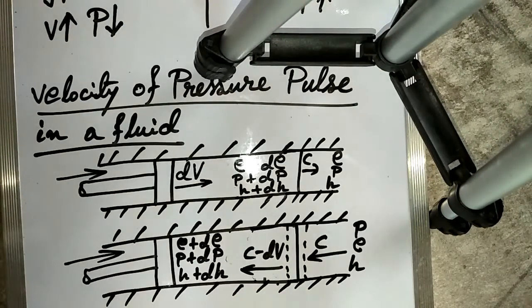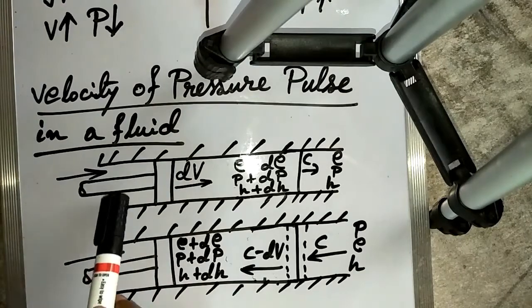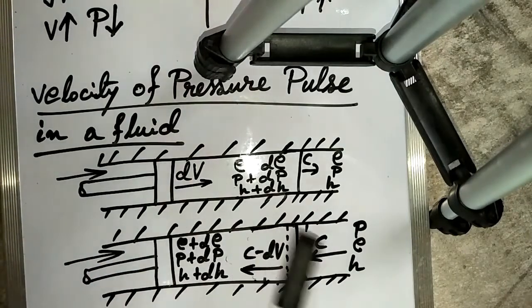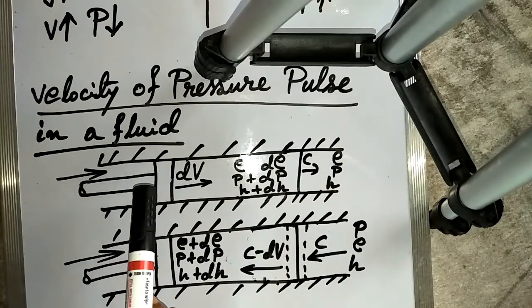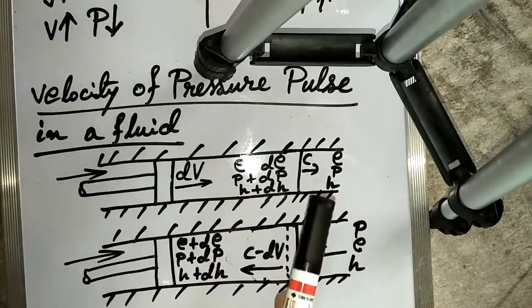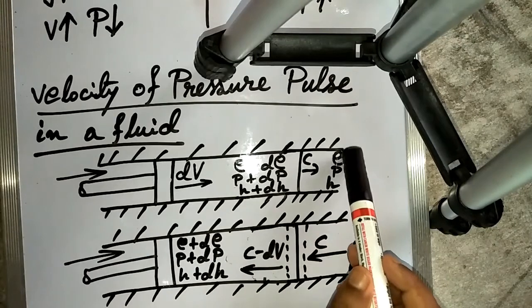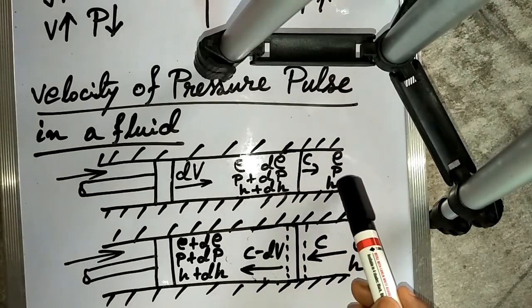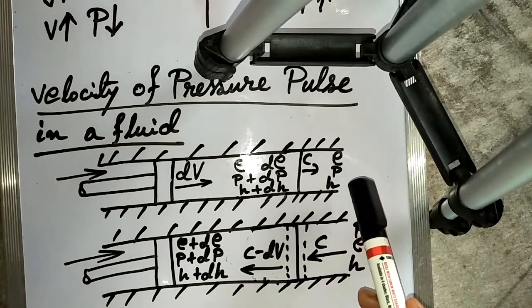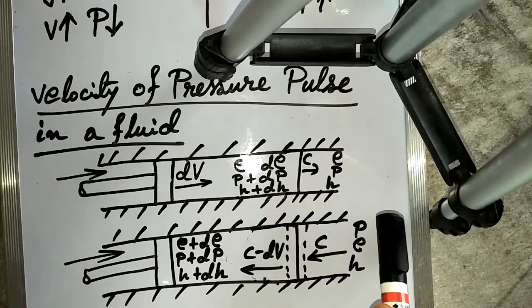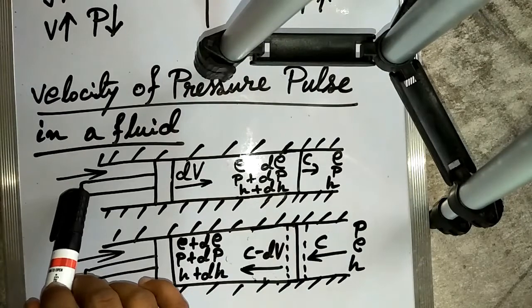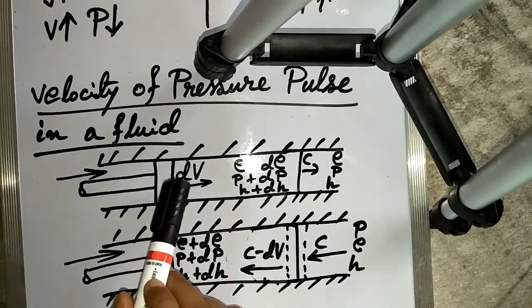Now, the velocity of a pressure pulse in a fluid. As shown in this figure, this one is a cylinder and this one is a piston. It's filled with a fluid of density rho, pressure P, and enthalpy H. What we are going to do is push the piston towards the right.